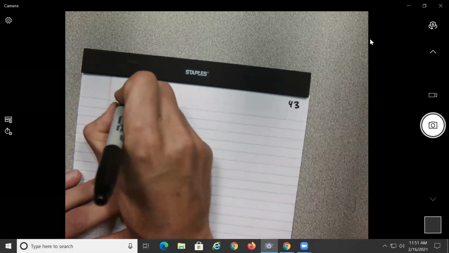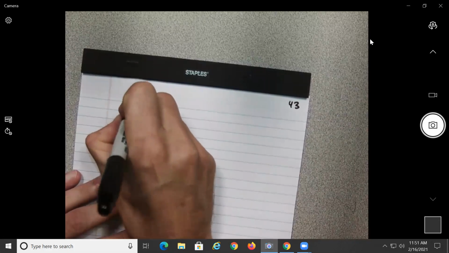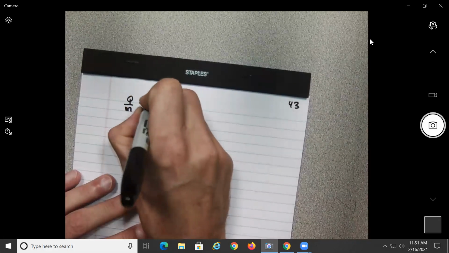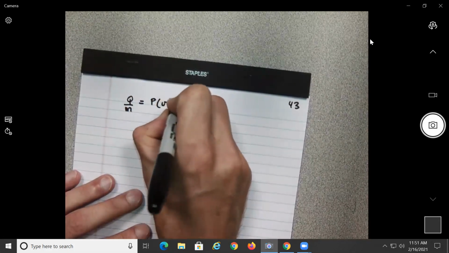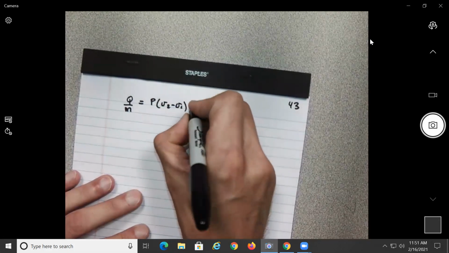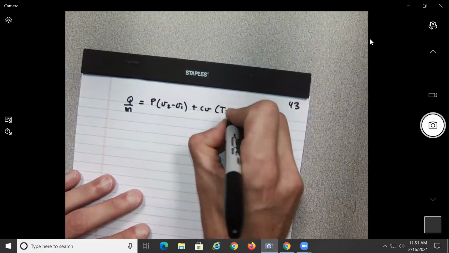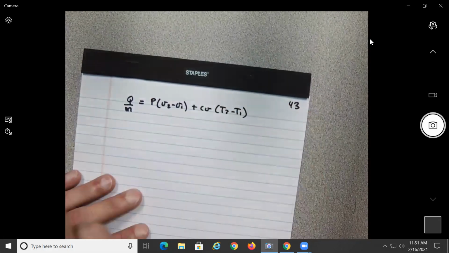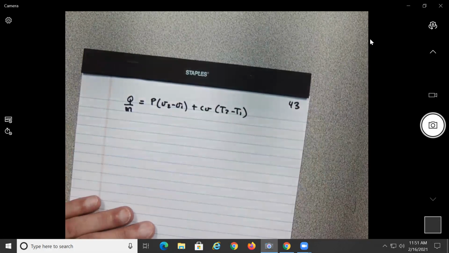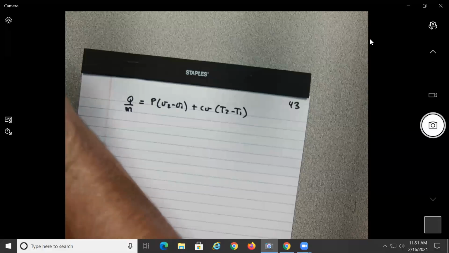Let me rewrite the equation. We have Q over m equal to P (v2 minus v1) plus Cv (T2 minus T1). Okay?